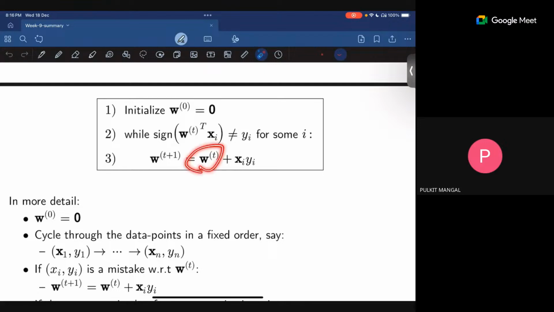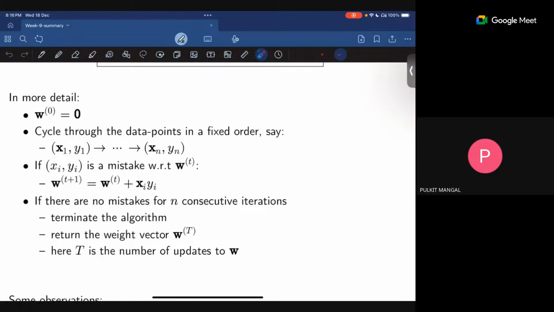So this is the old vector, and this is the data point for which the current weight vector is making a mistake. We add that, and the resultant vector becomes our new weight vector for classification. We do this until there is no data point for which it makes mistakes, that is, it achieves 0 error.